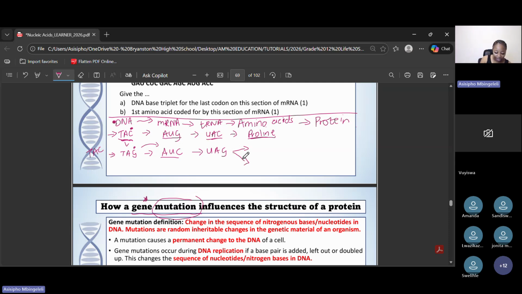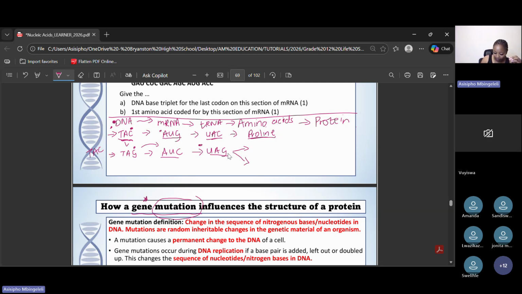There was a change in a DNA base, which led to a change in messenger RNA, which led to a change in transfer RNA, because initially our transfer RNA for this particular section was UAC, and now we're having UAG. That's a different anticodon. Now, I need you to understand that when we get to amino acid, there are 2 possibilities. Sometimes they use the anticodon and sometimes they use the codon.